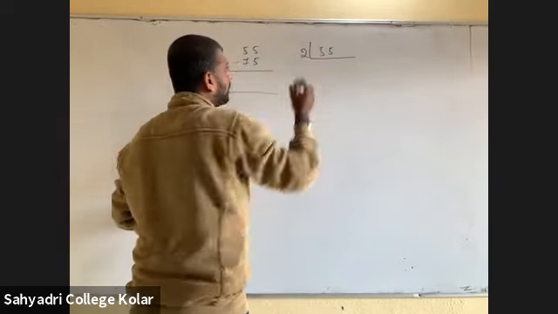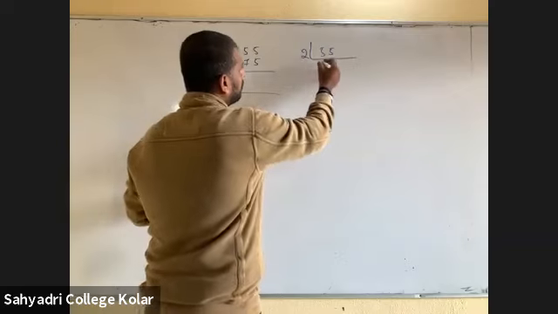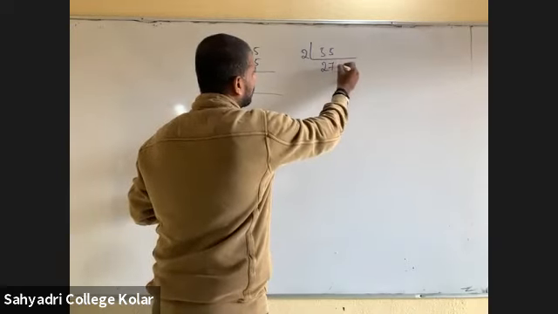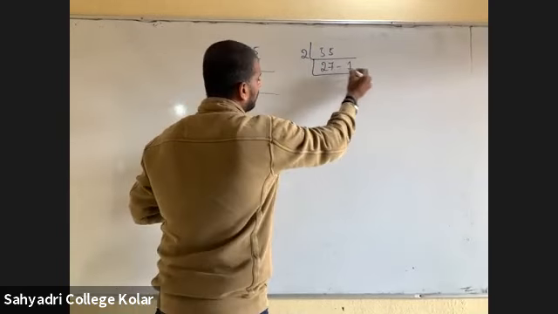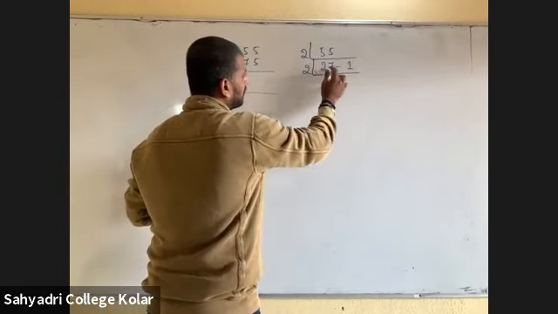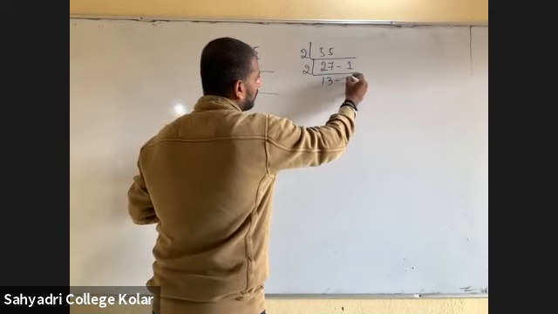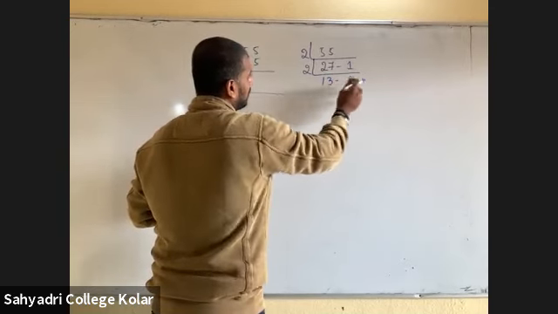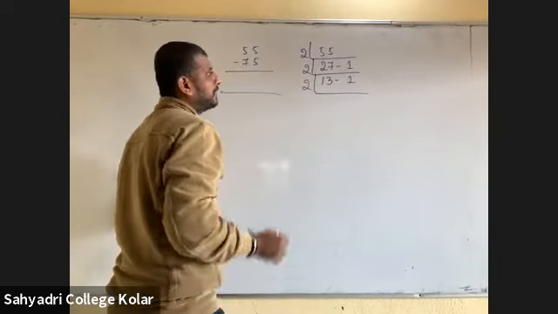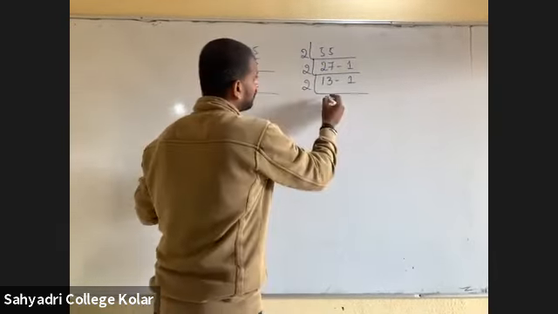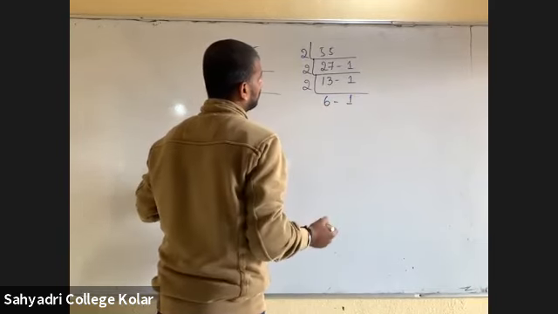So I am dividing it by 2. If I divide 55 by 2, I will get the quotient as 27 and the remainder will be 1. Next, again I will divide 27 by 2, I will get the quotient as 13 and the remainder as 1. Again, I will divide 13 by 2, the quotient will be 6 and the remainder will be 1.